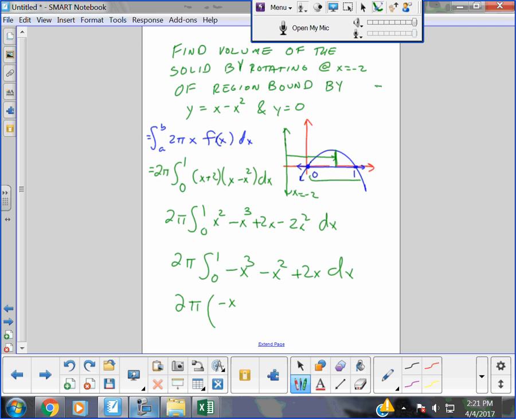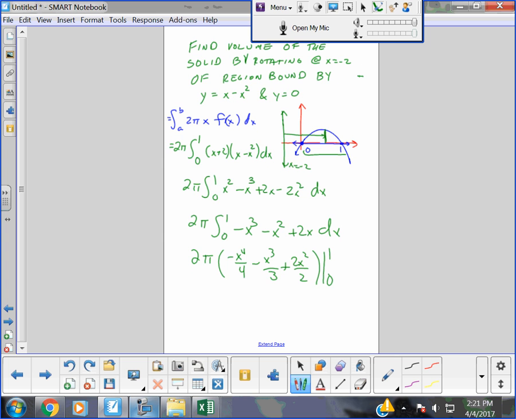Let's see if I can make this integration. How about negative x to the 4th over 4 minus x cubed over 3 plus 2x squared over 2, from 0 to 1, and the 2 pi hangs out. I get negative 1/4 minus 1/3 plus 1 minus zeros, and I know this seems kind of crazy, but I always make sure it's zeros, and they are.